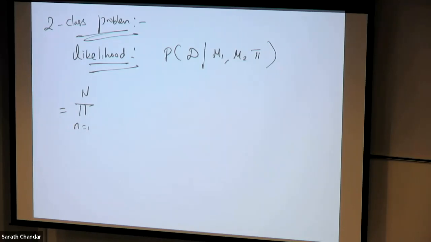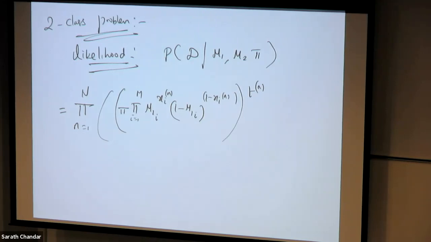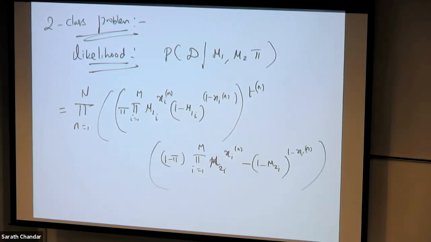The likelihood equation is: pi times product over i equal to 1 to M of mu 1i power xi of n, times 1 minus mu 1i power 1 minus xi of n, the whole thing to the power t of n, and 1 minus pi times product over i equal to 1 to capital M of mu 2i power xi of n, times 1 minus mu 2i power 1 minus xi of n, the whole thing to the power 1 minus t of n.